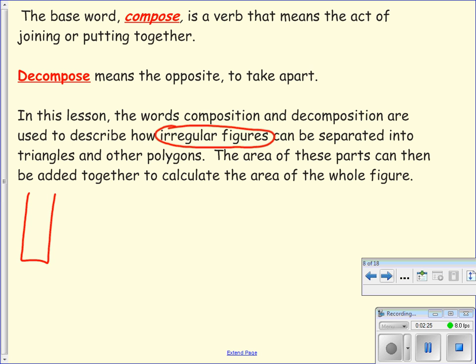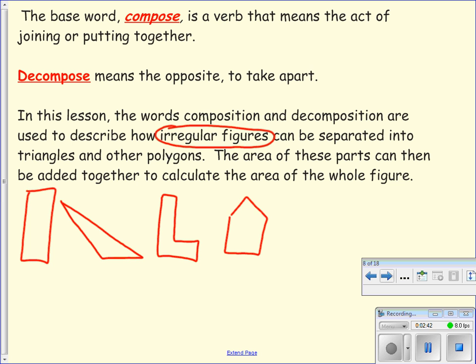This is an irregular shape. That's an irregular shape. That's an irregular shape. Nice. It's a shape that does not have all equal sides. So these are all considered irregular.